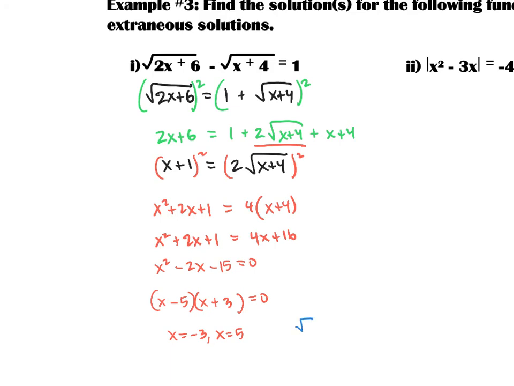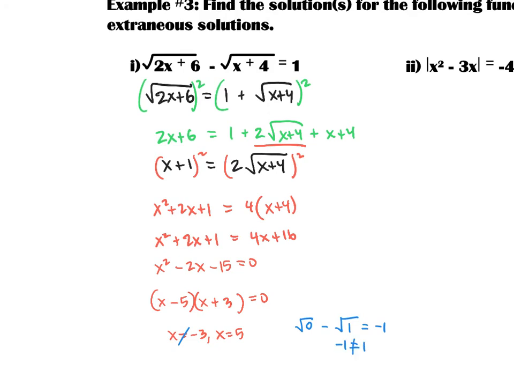So what I would get if I plugged in a -3 would be the following. If I plugged a -3 into the first, I would get square root of 0. If I plug -3 into the second, I would get square root of 1. Well, that's 0 minus 1, which is -1. Therefore, x equals -3 would not be a solution for this equation because it does not come out to be equal to +1.